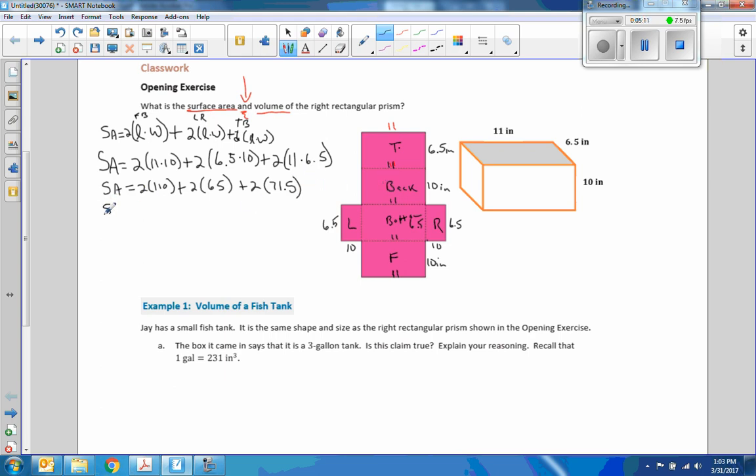Multiply these by 2, and 2 times 110 is 220. 2 times 65 is 130. 2 times 71.5 is 143. So the surface area is all of these added up. 220 and 130 is 350, 493. So I have 493 inches squared, and that is my surface area.